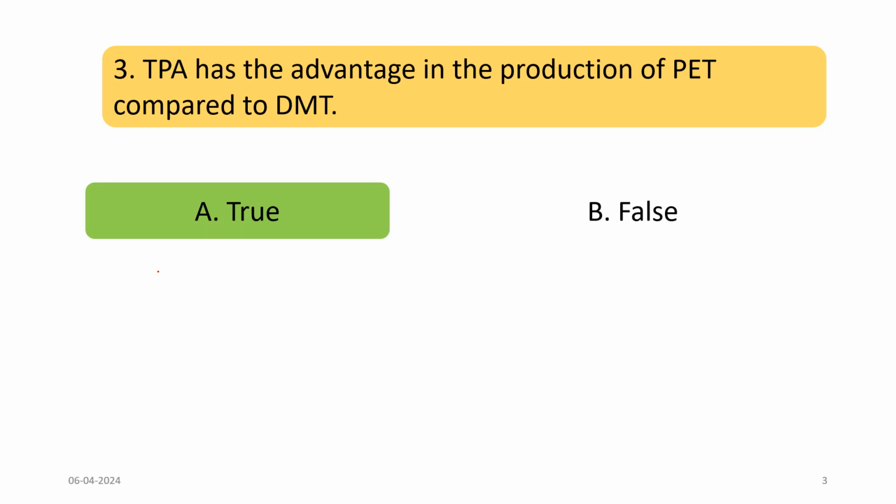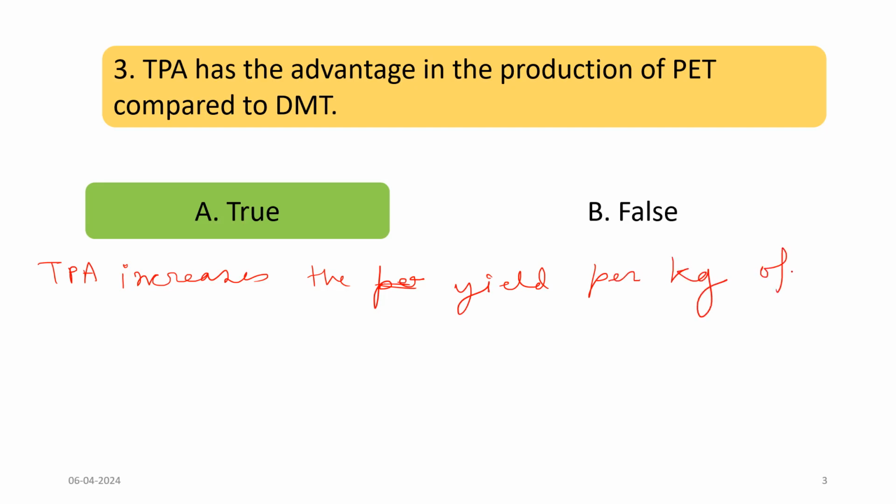Okay, so that is why TPA is used. So the advantage is that TPA increases the yield per kilogram of starting material.